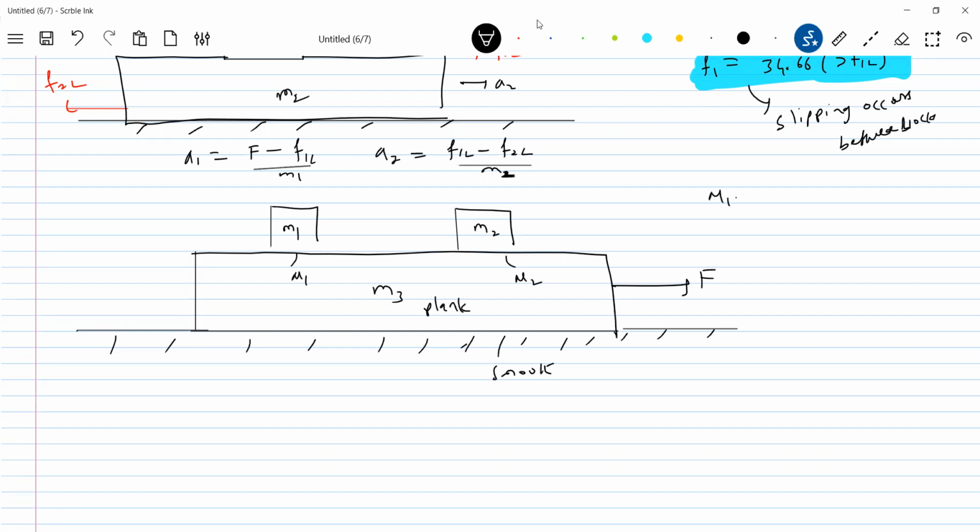So the values will be mu1 equal to 1, mu2 equal to 0.5, m1 equal to m2 equal to 5 kg, m3 is 10 kg. The applied force is 400 Newton. So find the acceleration of the blocks and the plank.